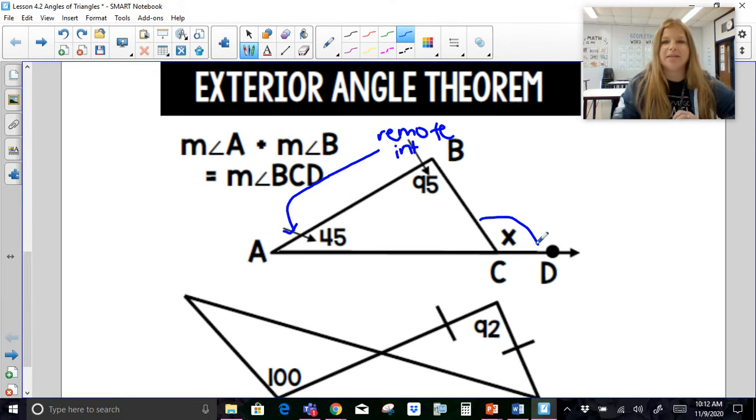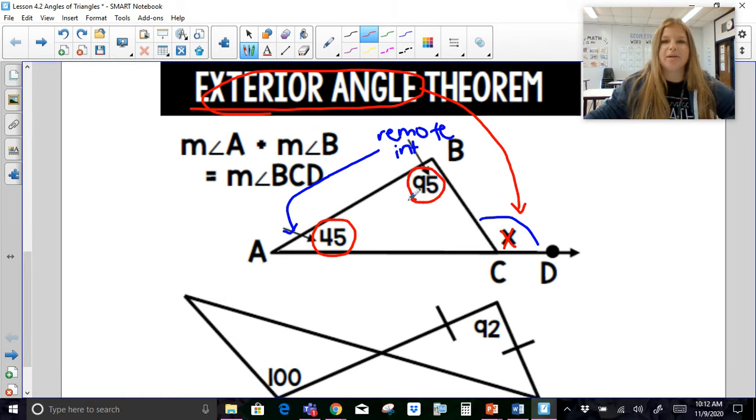So if I was talking about this angle here, angle BCD, that would be the exterior angle, and I'm going to put that in red. The exterior angle is this angle here. The remote interiors, okay, so this angle here, angle A, plus the measure of angle B, the other two remote interiors, actually add up and equal the exterior angle.